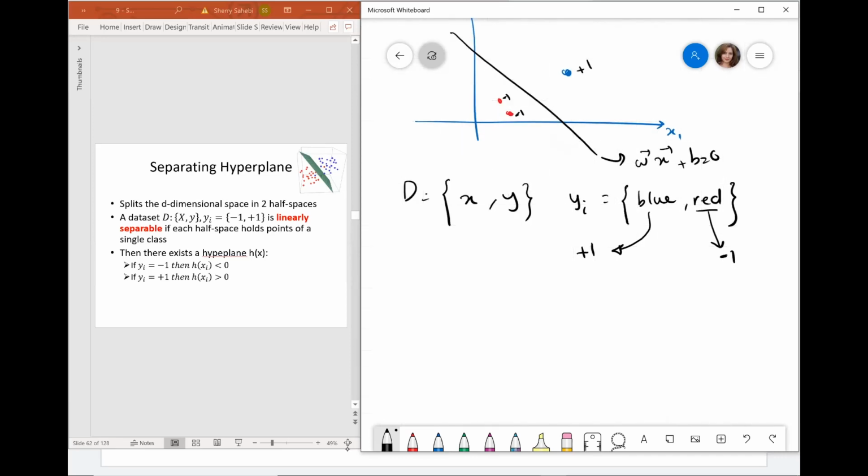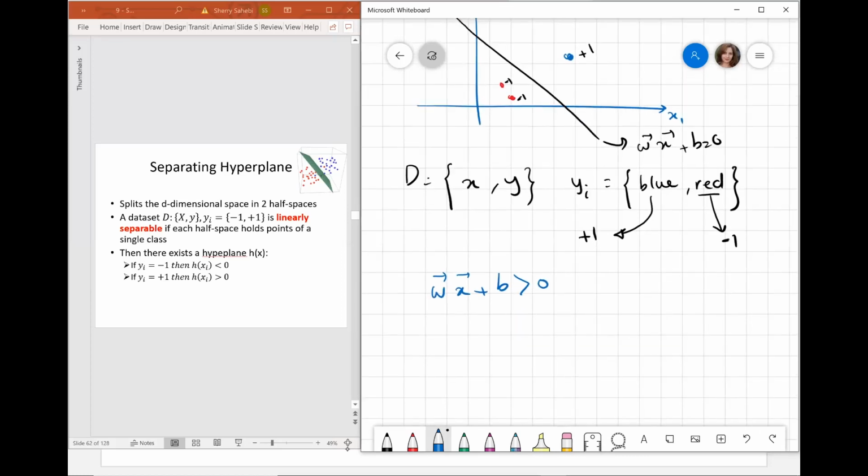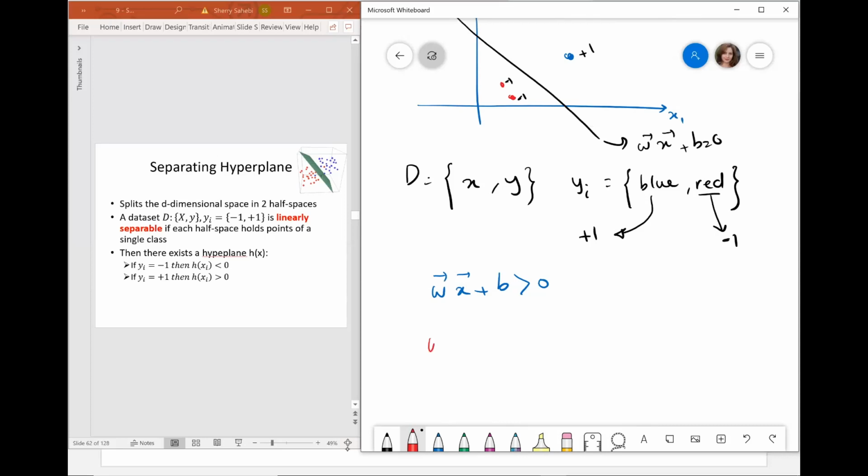Because we said whatever falls on the blue side has this kind of equation, that Wx plus b is going to be larger than 0, right? And on the red side, we have Wx plus b less than 0.